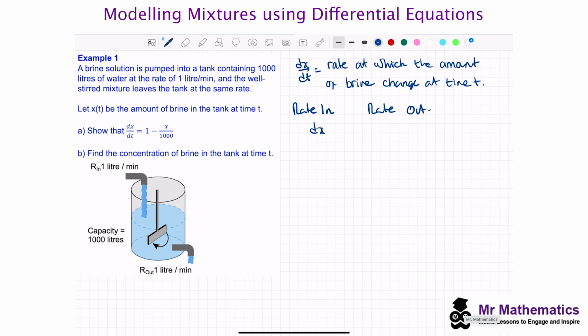So dx by dt, the overall change, will be the difference between the two, so rate in minus rate out. We can see in the question that the brine solution is pumped into the tank at a rate of 1 litre per minute. So the rate in is equal to 1 litre per minute.